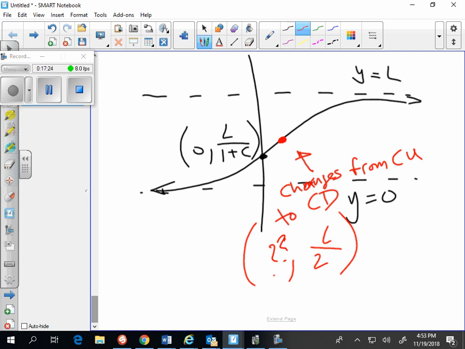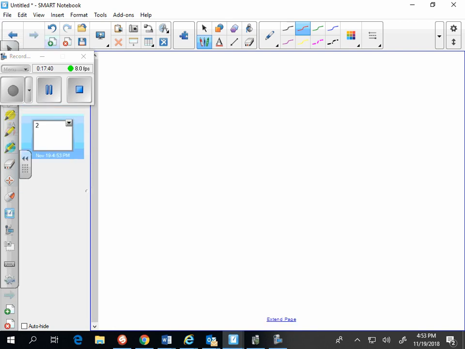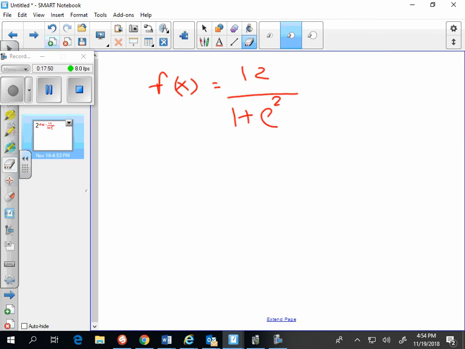Well, I can do that one of two ways. I can do it algebraically or graphically. So before we figure that out, let's actually see about doing a problem. Let me give you this logistic function. f of x equals 12 over 1 plus 2 times e to the negative 0.1x.